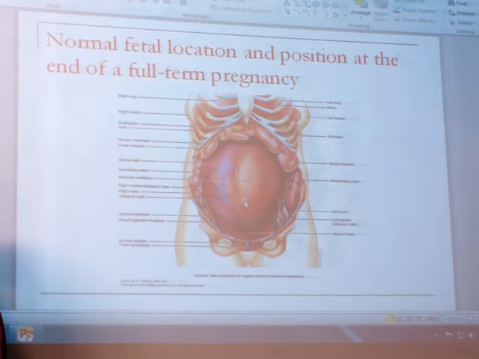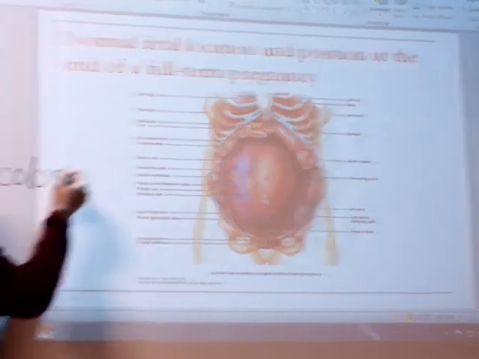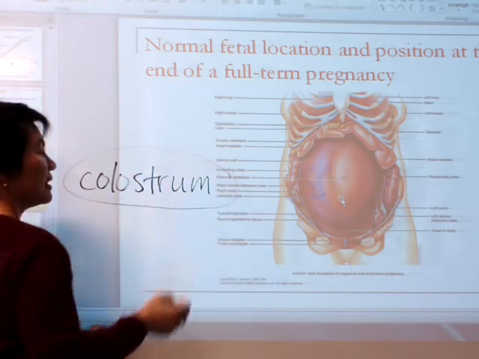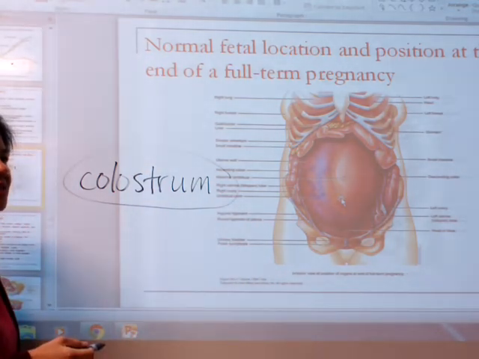Okay. Then when the baby is born, you want to breastfeed. You know that breast milk is the best milk, right? The first milk that comes out is called colostrum. This comes out the first 48 hours. The milk is called colostrum, and this is the richest milk possible. This colostrum is so important because it has the highest amount of antibodies.